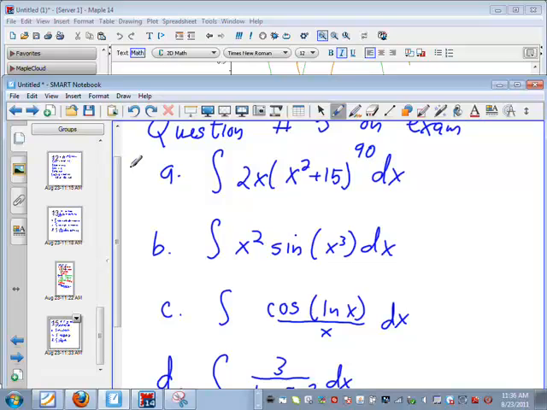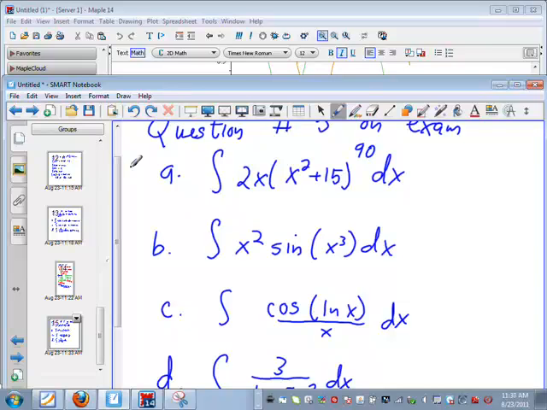So when you're doing the substitution rule, you're picking a function that's going to be u. And again, if we're doing the anti-chain rule, then we need the derivative of that function to be there. If we're thinking that this function comes from taking the chain rule of some other function, then the chain rule involves multiplying by a derivative, and therefore the derivative has to be there.